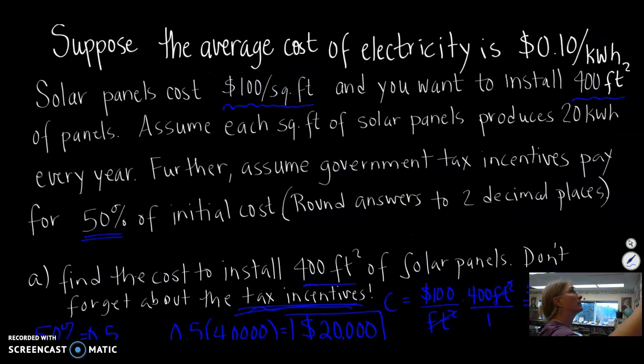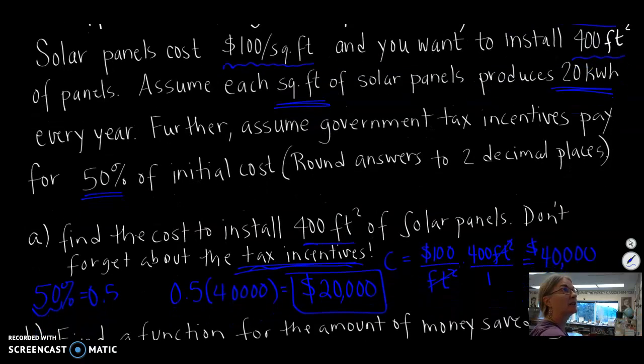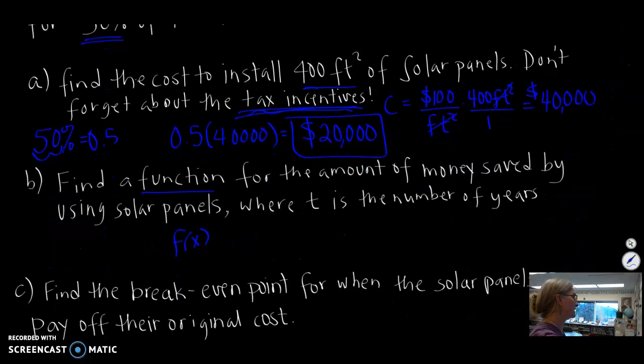If you didn't have solar panels, it's 10 cents per kilowatt hour. And we know that each square foot of solar panels produces 20 kilowatt hours per year. So putting that together, look at the units that go with these things.